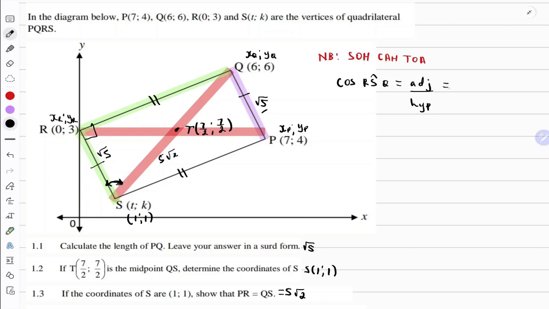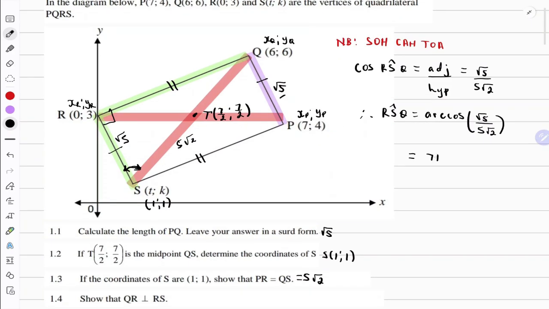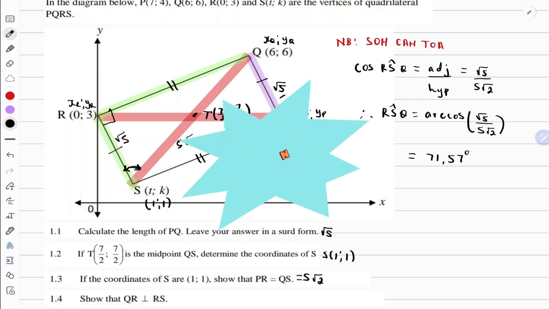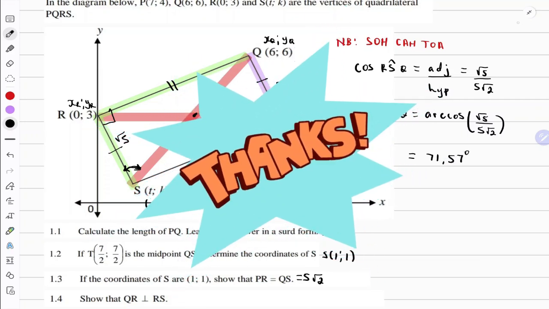The adjacent is root 5, hypotenuse is 5 root 2. So therefore, angle RSQ should be the arc cos of root 5 over 5 root 2. And this is equal to 71.57 degrees, correct to 2 decimal places.